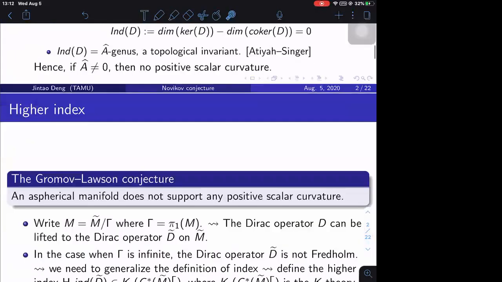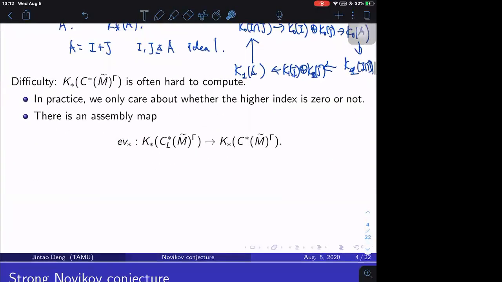So which means the non-vanishing is good enough. So we actually need machinery to determine if it is vanishing. We actually can define an assembly map, and by the injectivity of the assembly map, we will determine if the Roe index is vanishing.